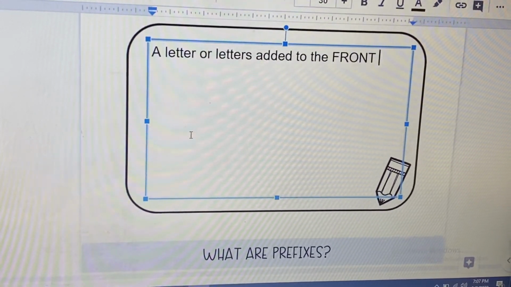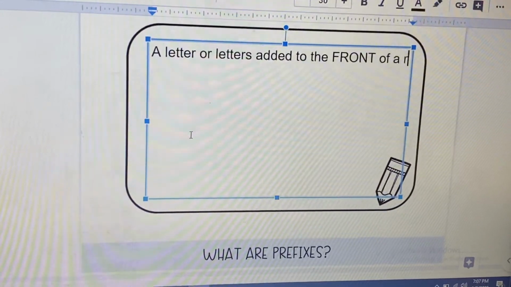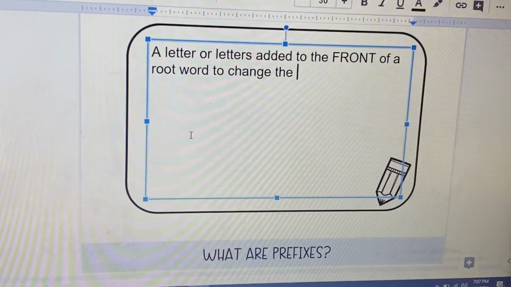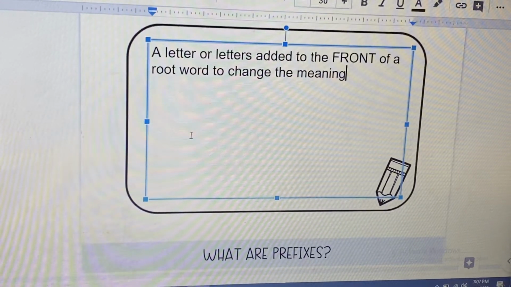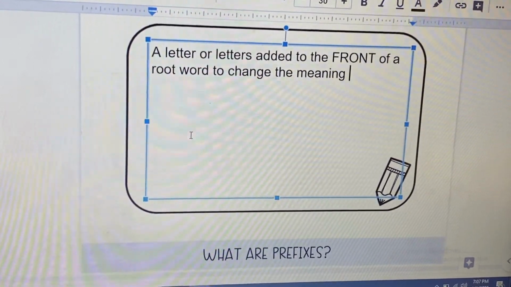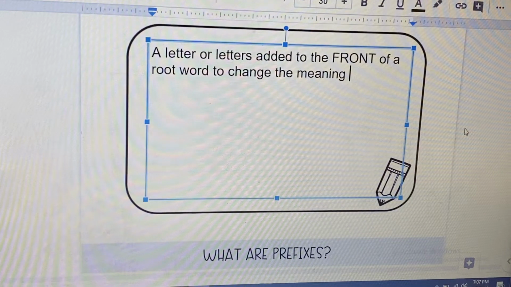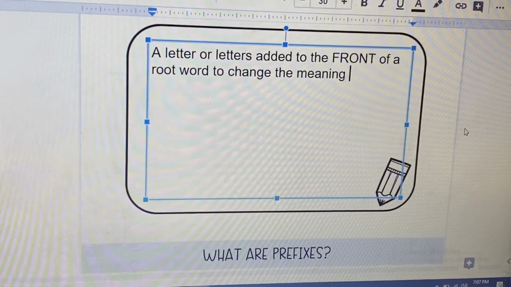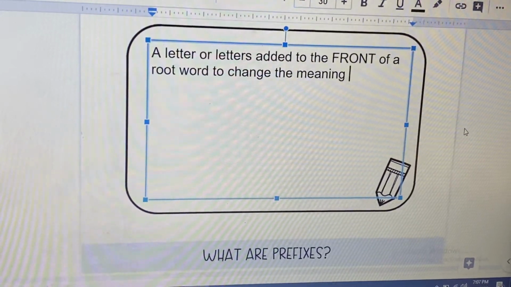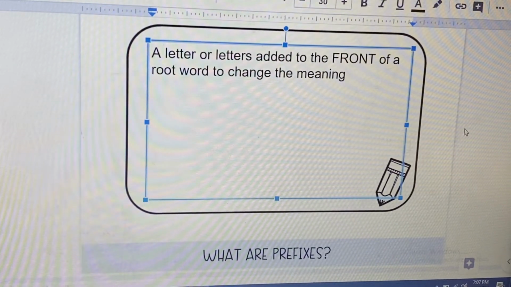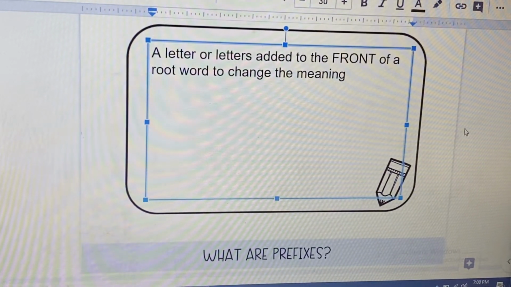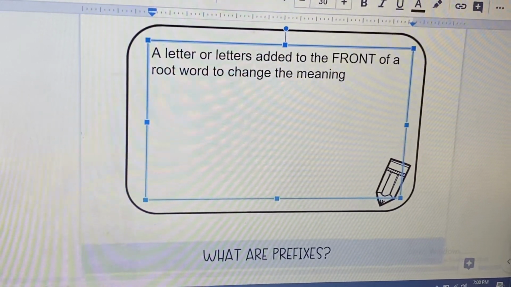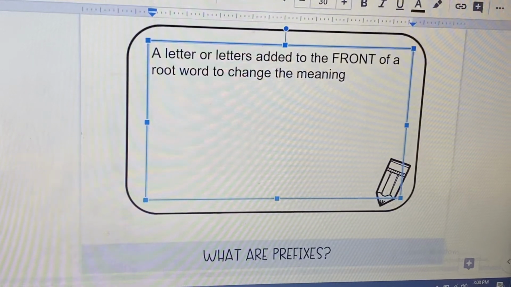A letter or letters added to the front of a root word to change the meaning. So a prefix is a letter or letters added to the front of a root word to change the meaning. Okay? All right, like I said, you can stop and pause this video to get that down.